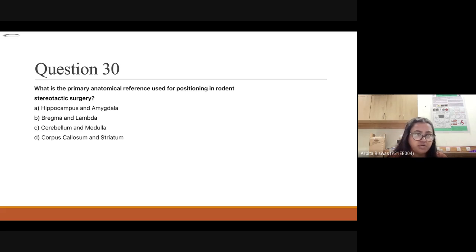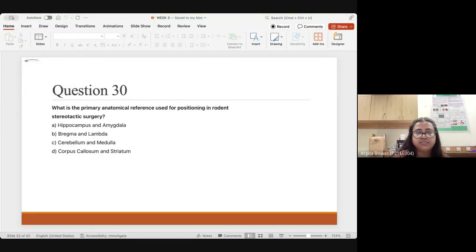So which one is the right option? Yes, option B is the right option. Bregma and lambda.